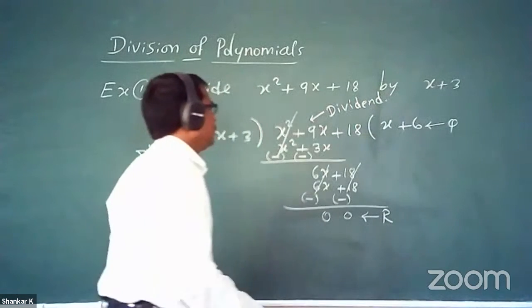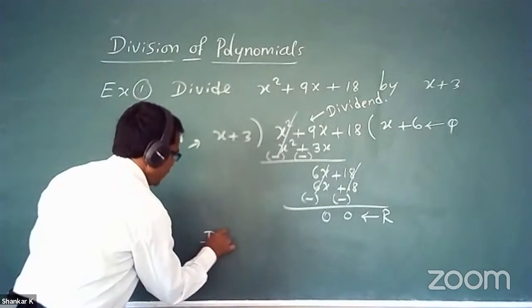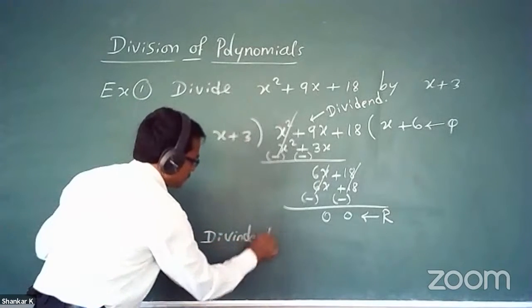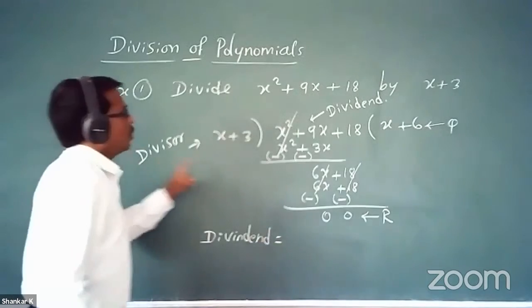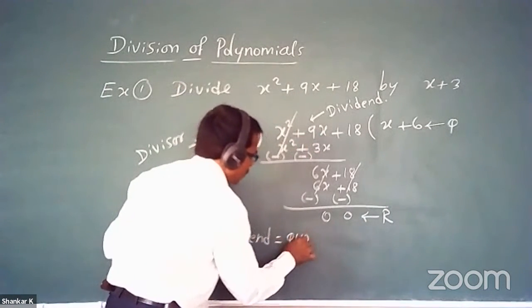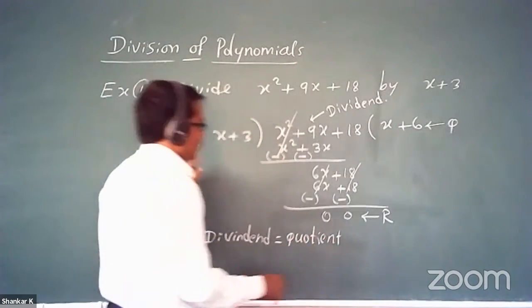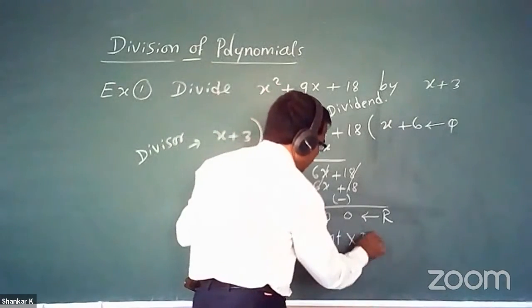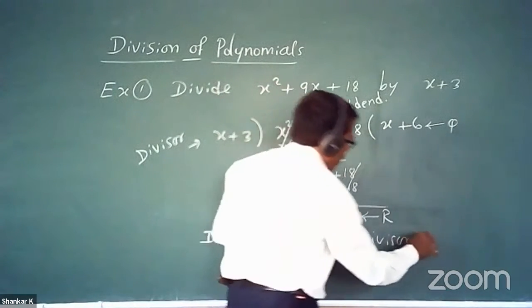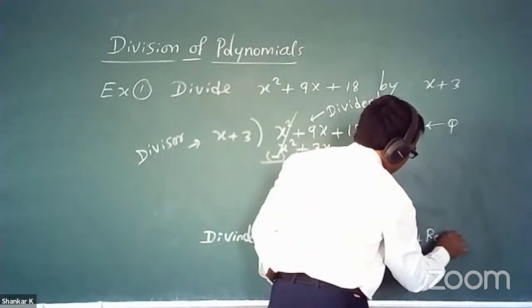Already we know dividend should equal quotient into divisor plus remainder. Quotient into divisor plus remainder.